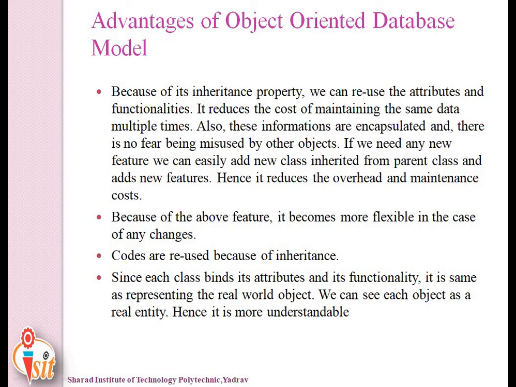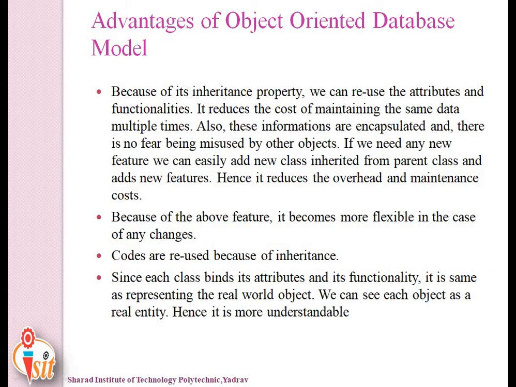Next, because of the above feature, that is inheritance, it becomes more flexible in the case of any changes. Next, code is reused because of inheritance, and since each class binds its attributes and its functionality, it is the same as representing the real world object.